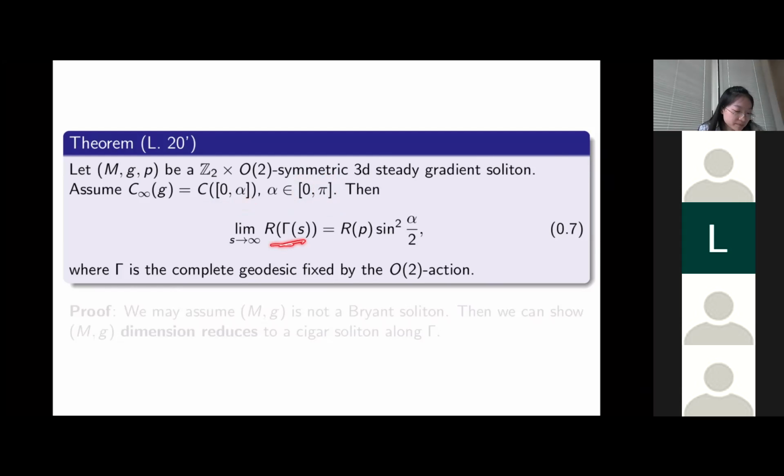In this, gamma is basically the edges of the wing, which is more rigorously a complete geodesic fixed by the O(2) action. Then we can show that there is a quantitative relation between these two objects. So this limit is uniquely determined by this asymptotic cone angle.